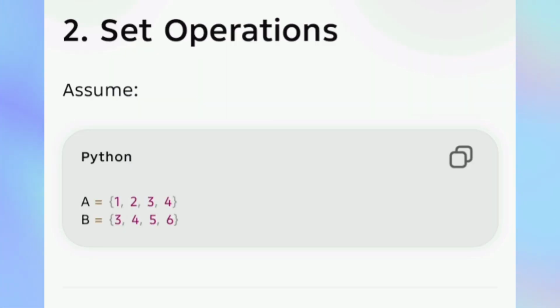Set operations. Assume the Python sets A is 1, 2, 3, 4 and B is 3, 4, 5, 6.